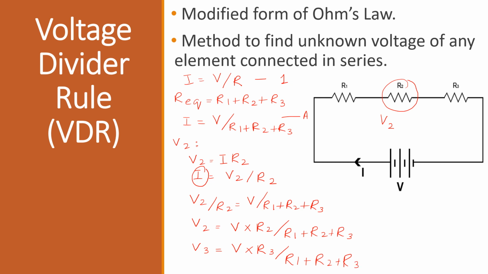So, the generalized equation will be Vx equals V multiplied by Rx divided by R equivalent. So this is the equation which is used for finding the unknown voltage of any element connected in series.